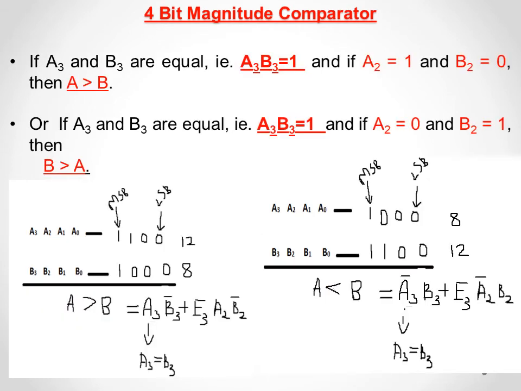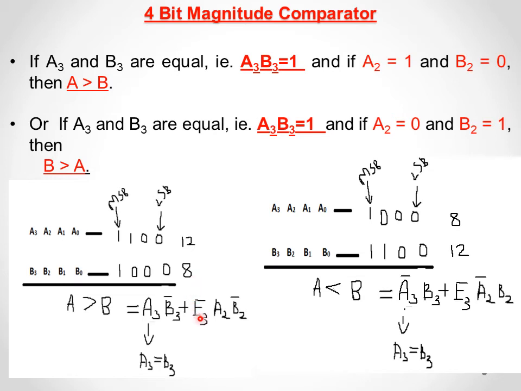Now the A2 and B2 bit comparison. When A3 and B3 are equal, then we compare the second higher order bit, which is A2 and B2. Now if A2 is higher, then we write A greater than B. For this combination, the expression is A2 B2 bar, and it applies when A3 and B3 are equal.